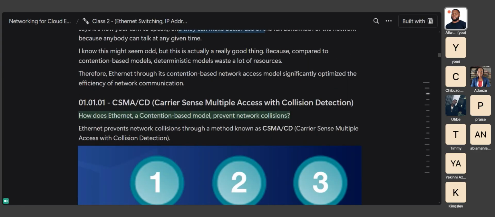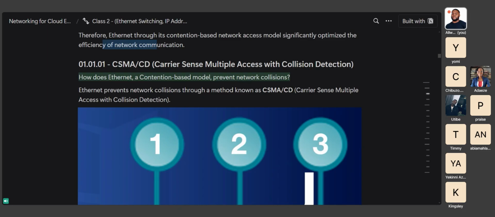I know this might seem odd, right? But this is actually a really good thing because compared to contention-based models, deterministic models waste a lot of resources. Therefore, Ethernet, through its contention-based network access model, significantly optimizes the efficiency of network communication, right?